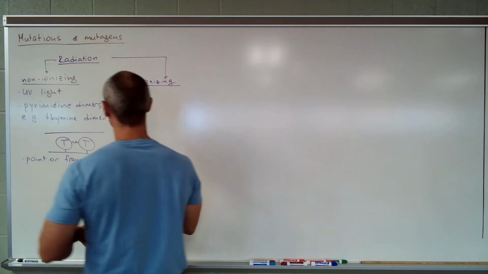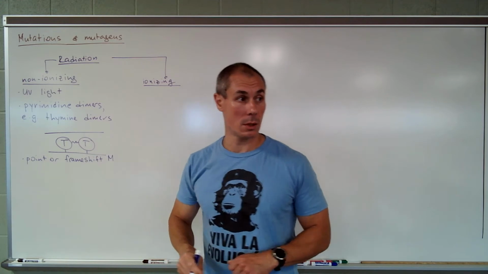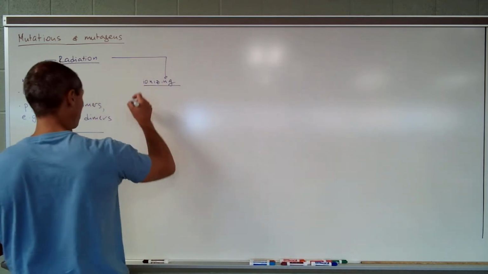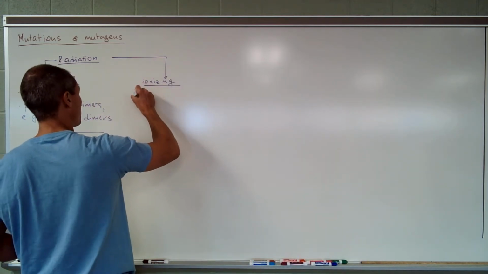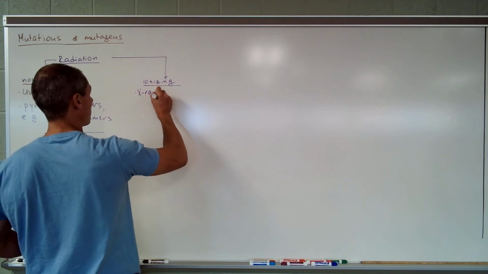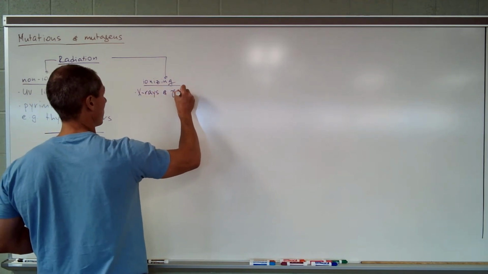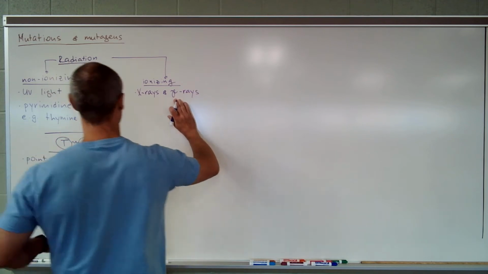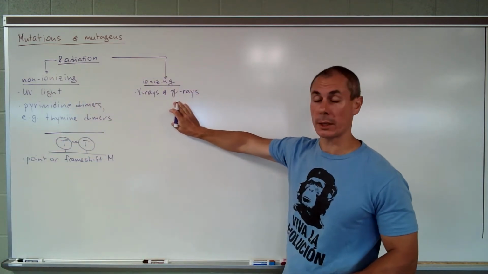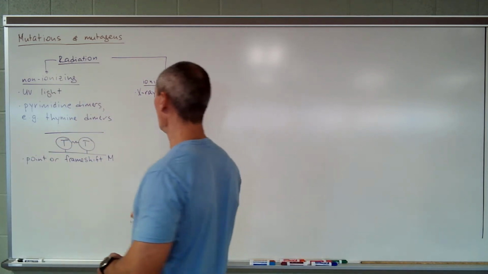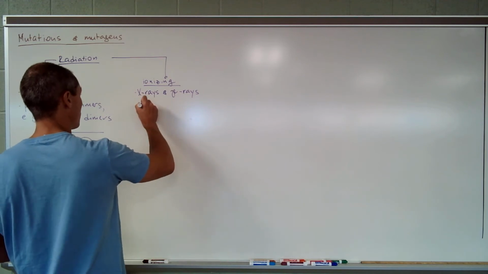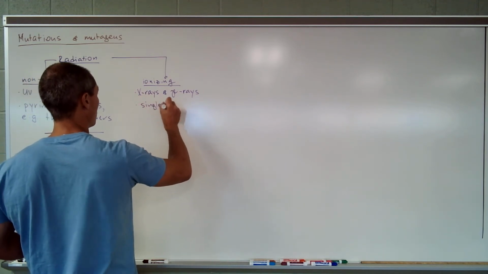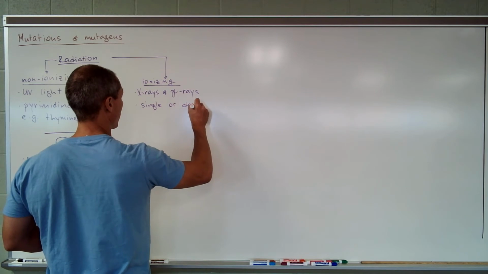Out of all the types, there are two types that are used in microbiology: X-rays and gamma rays. That symbol here is the Greek letter for gamma. Okay. So ionizing radiation causes single or double strand breaks.